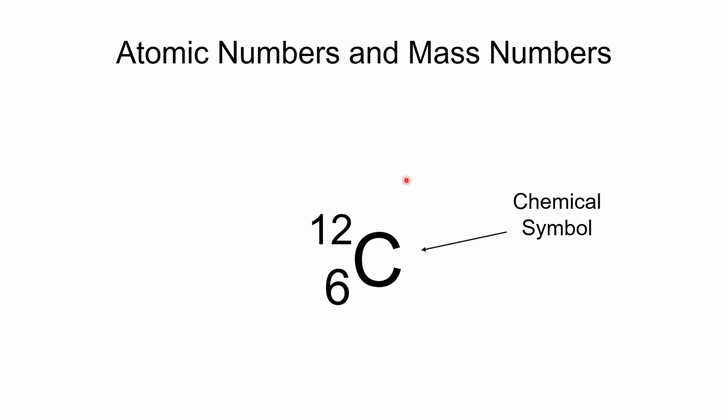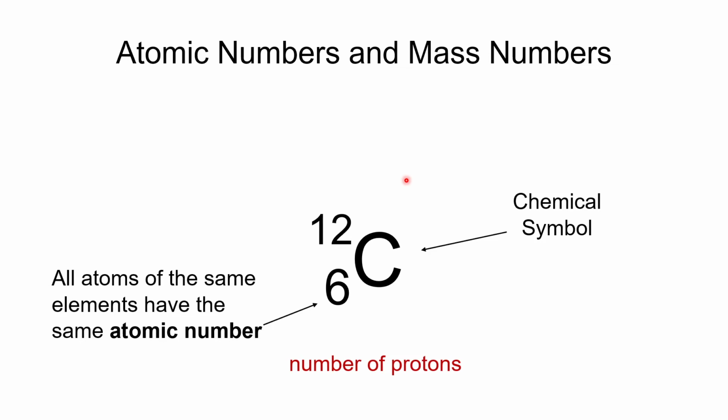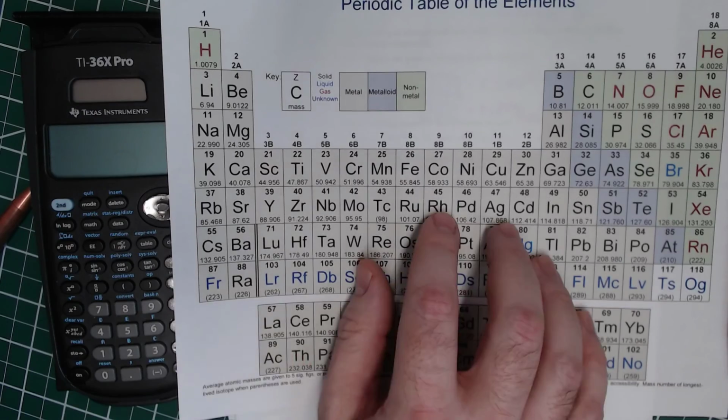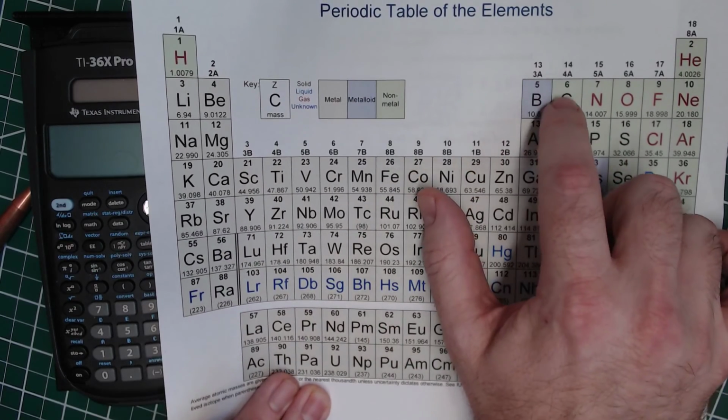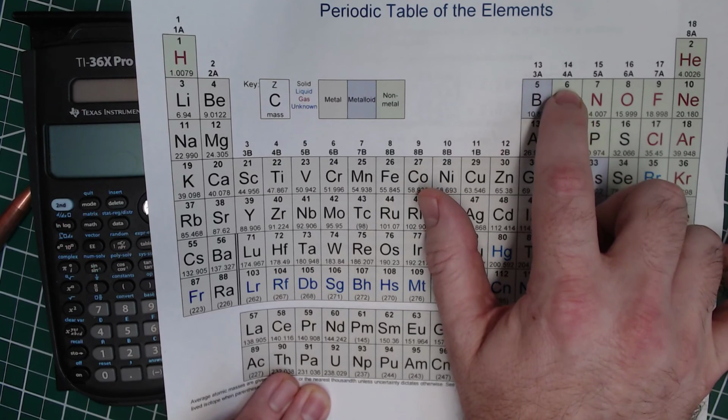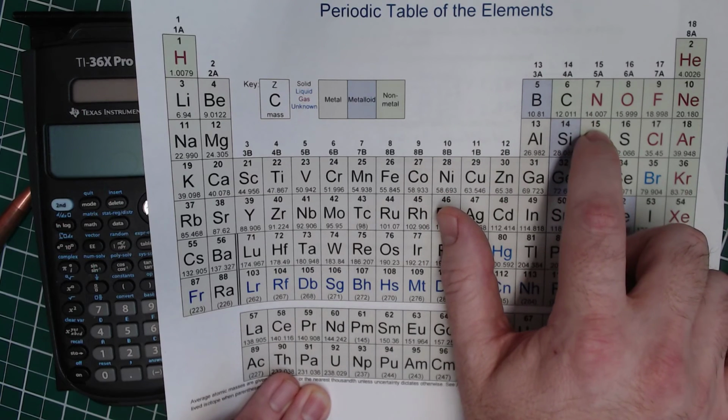The number on the bottom, and again, this is just for a particular isotope, is the atomic number, and all atoms of the same element have the same atomic number. It is the number of protons that are in the nucleus. You'll see that the atomic number is given for each element. There's carbon, it has an atomic number of 6. Here's phosphorus, it has an atomic number of 15.